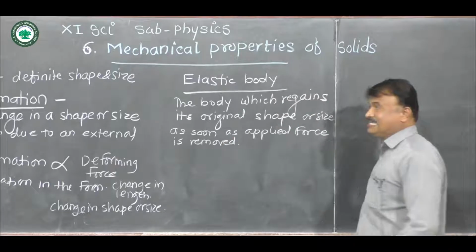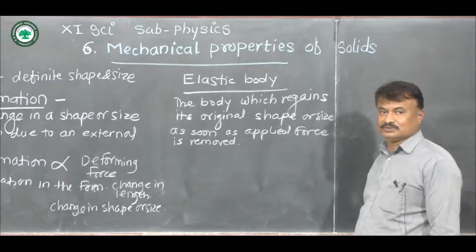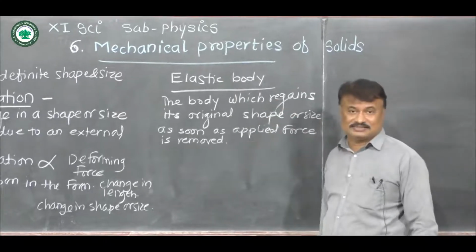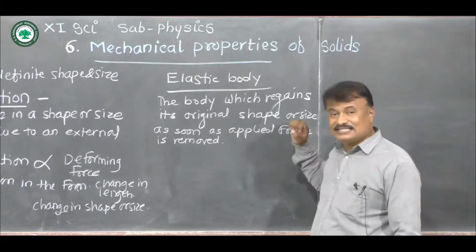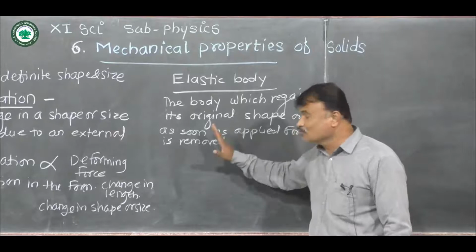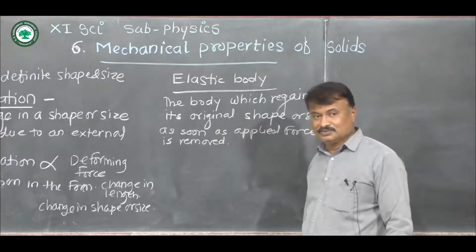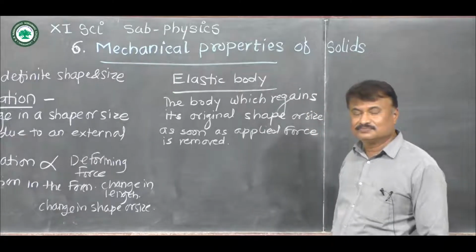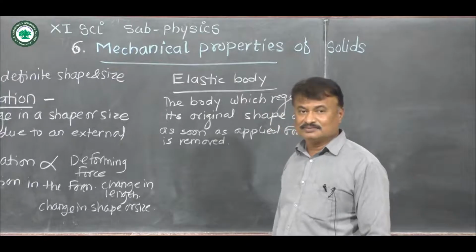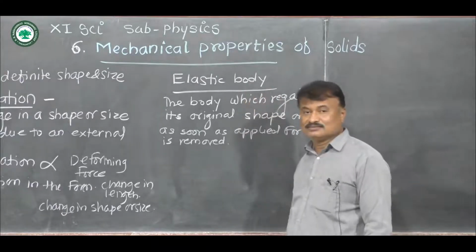Such a body is called an elastic body. So remember again, what are elastic bodies? The bodies which regain their original dimensions as soon as the applied force is removed. For example, all types of metals and rubber are examples of elastic bodies.